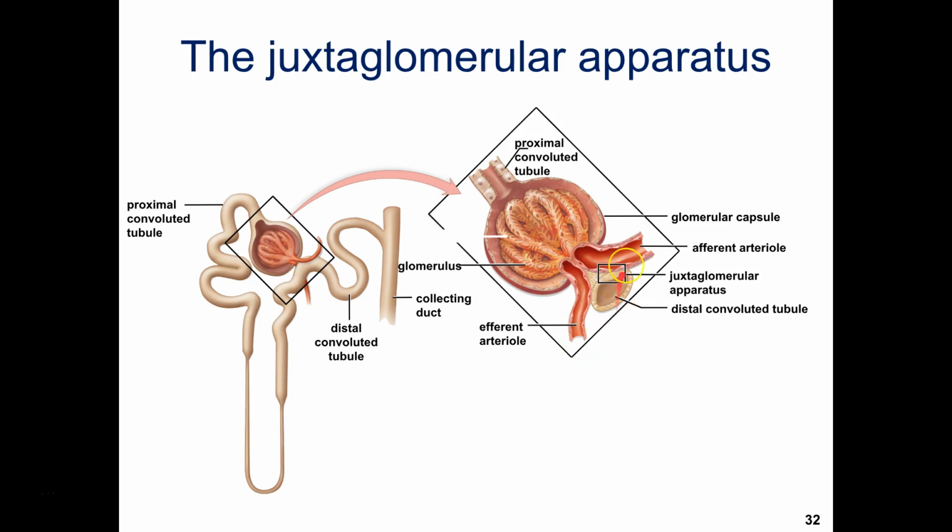And where the afferent arteriole and distal convoluted tubule touch, that's this thing here, you have this juxtaglomerular apparatus, and that again is for releasing hormones to help you regulate your blood pressure. All right, and it's right here where the afferent arteriole and distal convoluted tubule touch one another.